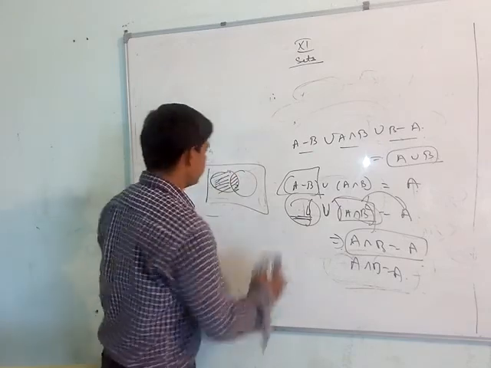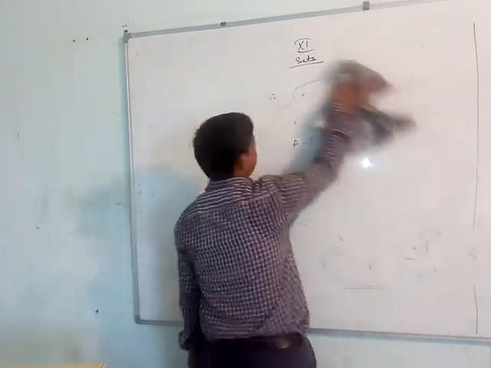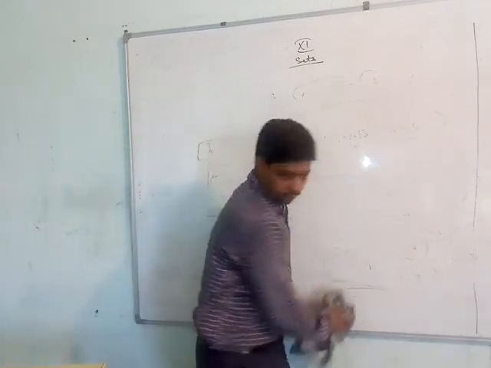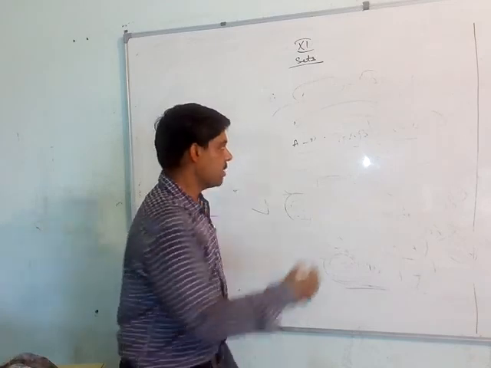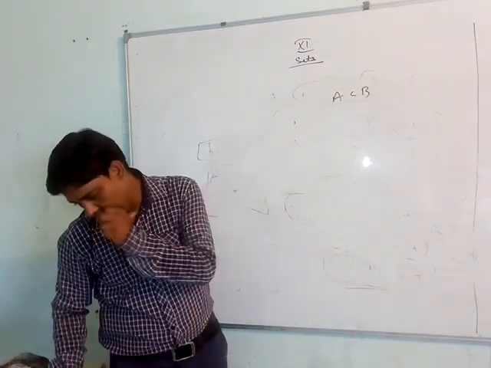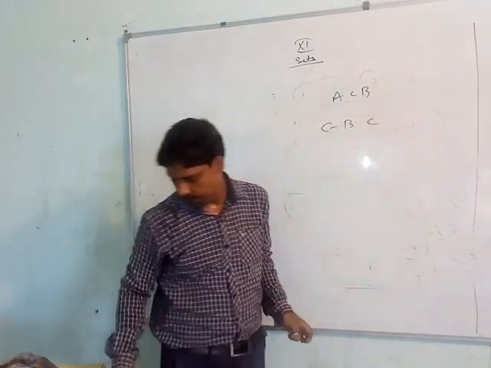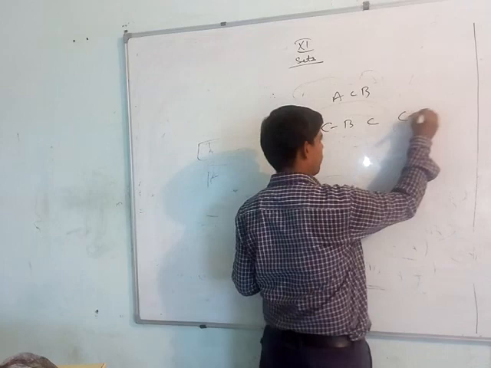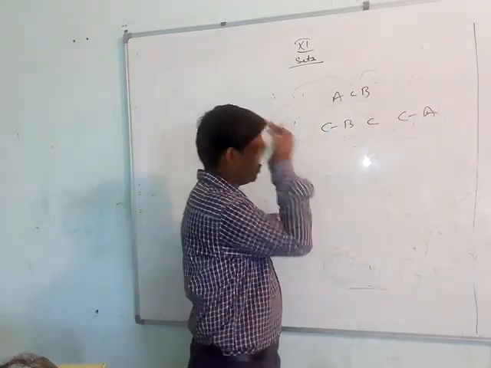Now let's look at question number 5. We are given if a is subset of b, this is given to us. Okay, we need to prove c minus b is subset of c minus a, right? This we need to prove. So let us assume like this.